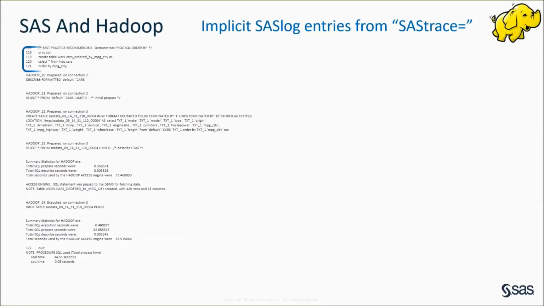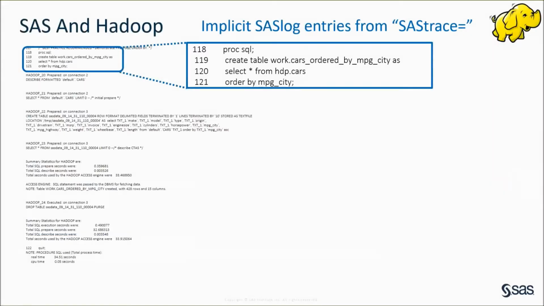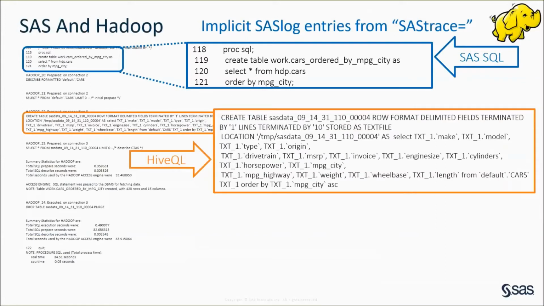Here's an example of a SAS log that I ran using cars data. I bulk loaded that into Hadoop and ran this piece of SQL code, and it translated it into this HiveQL code.